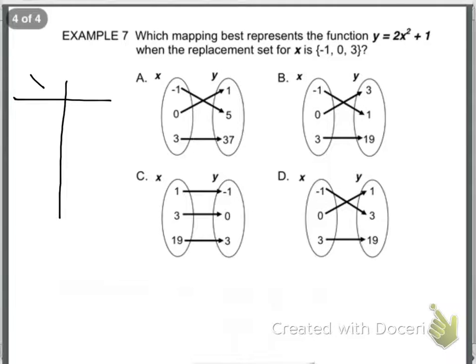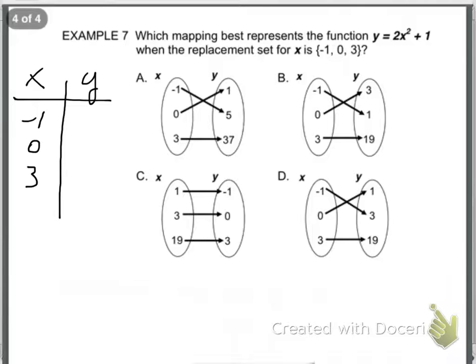And what you do is you have your x's, which are -1, 0, and 3. And then to figure out your y, you're going to have to put those values in your calculator.